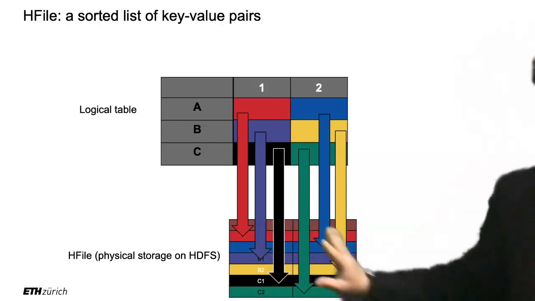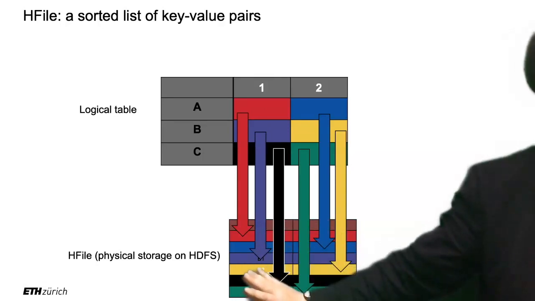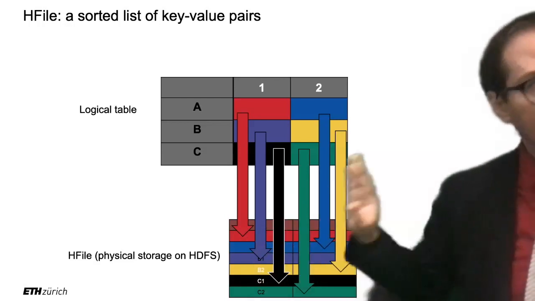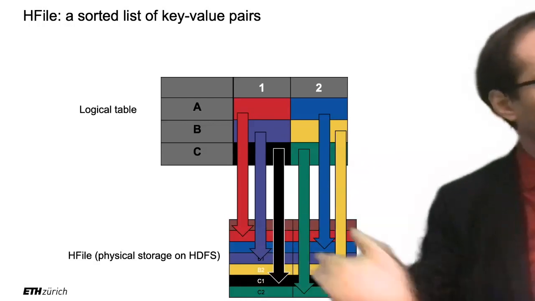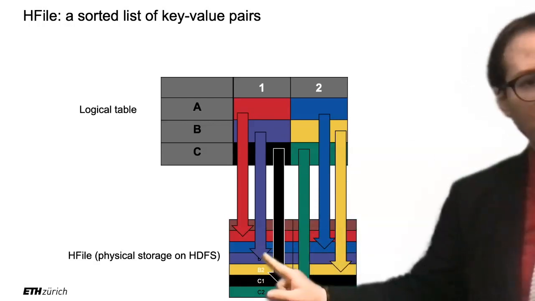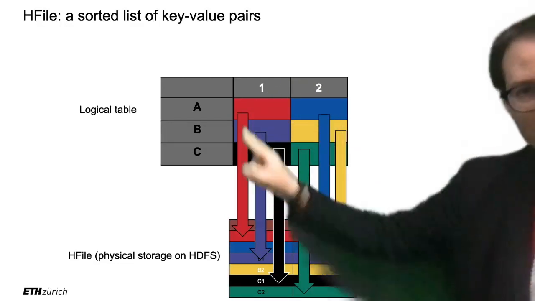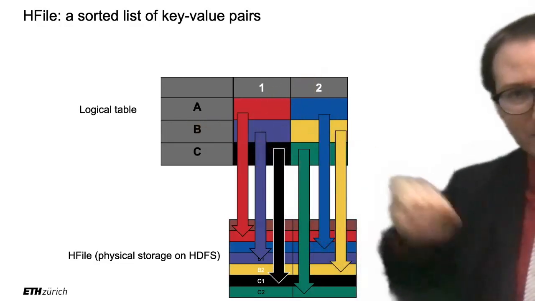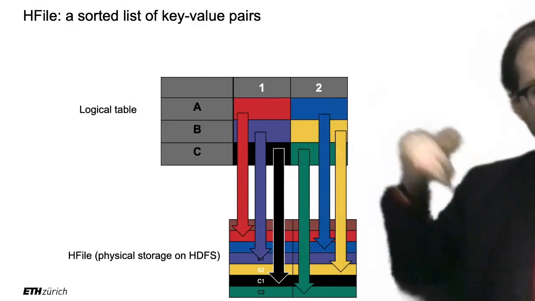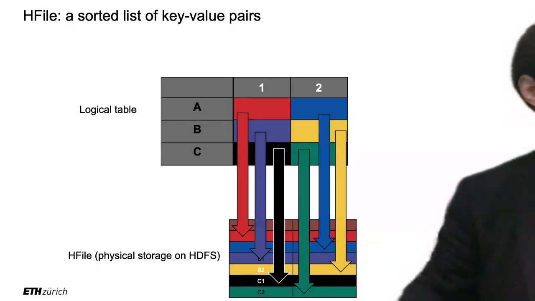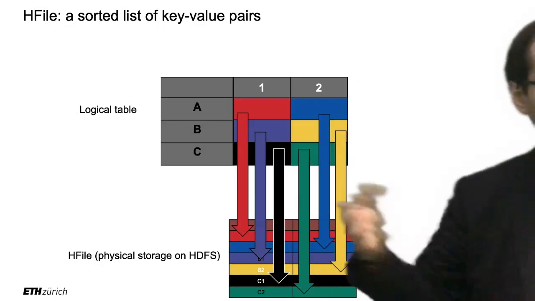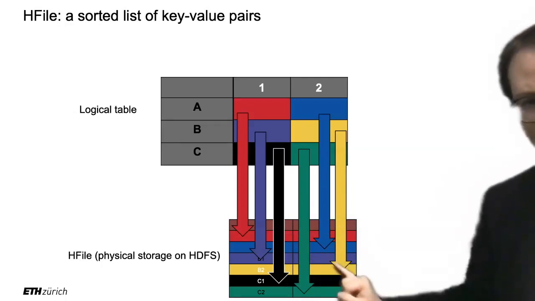In other words, this is yet another key value model, and the H files, in fact, are just made of key values. So the key will be the coordinates of where you are in terms of rows and columns, and the value will be whatever value you put in there, which can be an integer, a date, an XML file, a JSON file, a picture, and so on. That goes on the right.